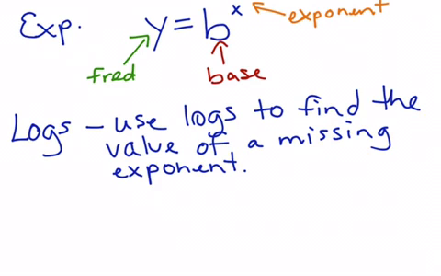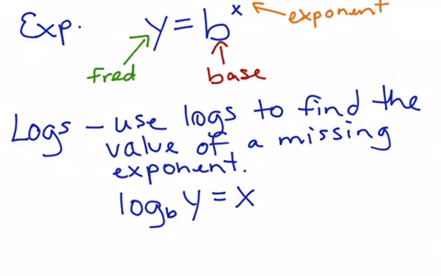All right, so a log is used to find the value of a missing exponent. It is going to look like y equals log base b of y equals x.